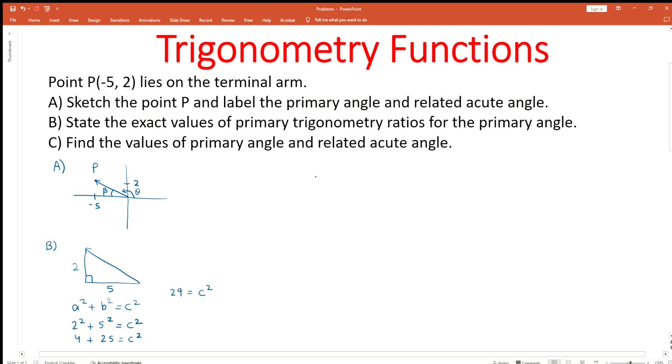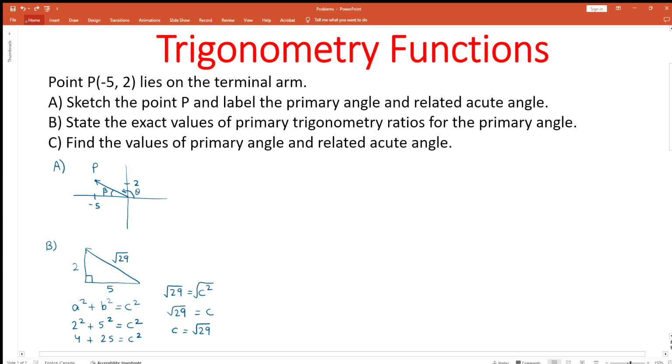Next, we should apply square root to both sides. I get c equals square root of 29. This is the length of the hypotenuse.